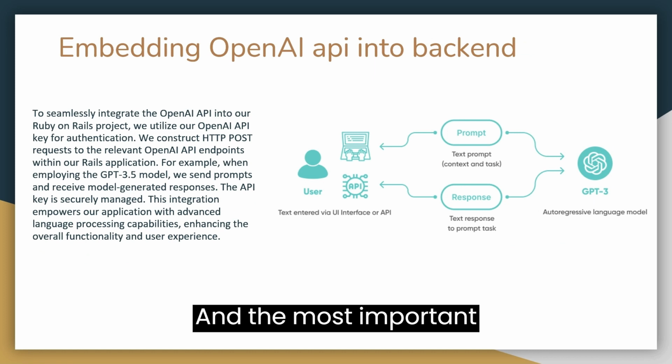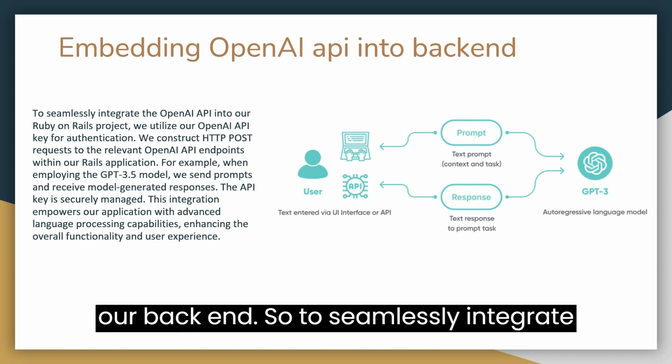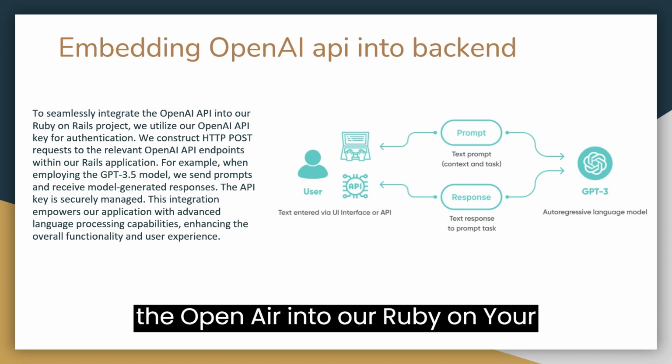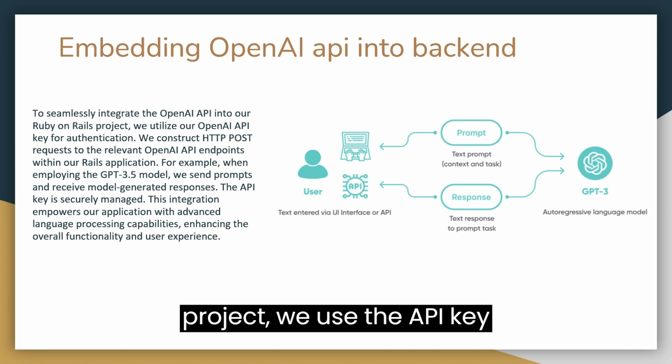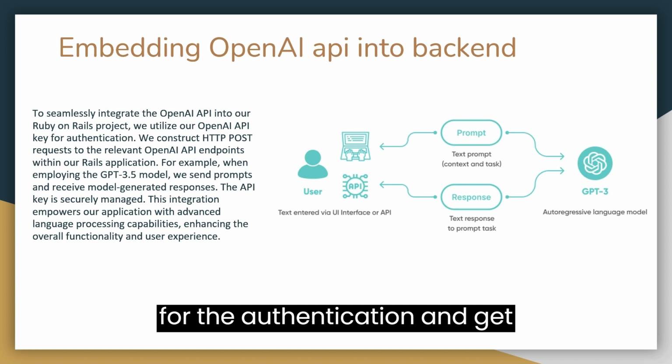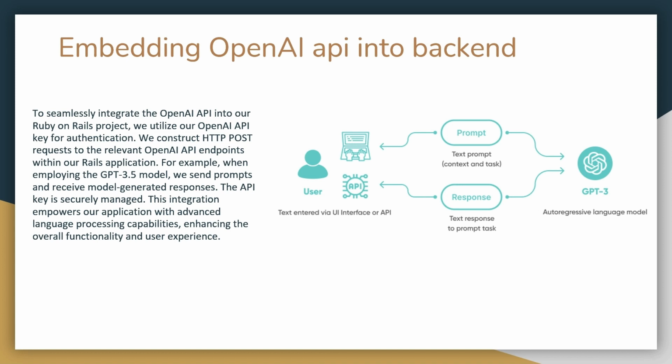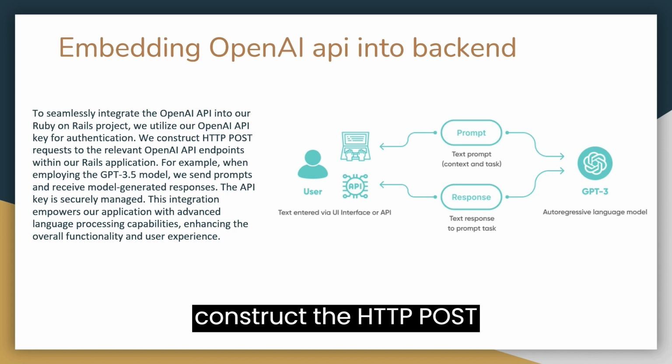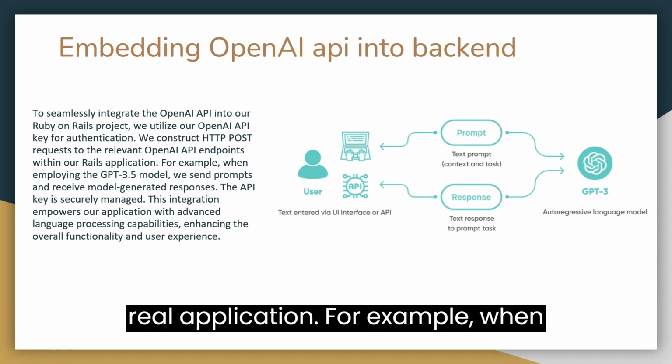And the most important part is integrating the OpenAI API into our backend. To seamlessly integrate OpenAI into our Ruby on Rails project, we use the API key for authentication and construct HTTP POST requests to relevant API endpoints within our Rails application.